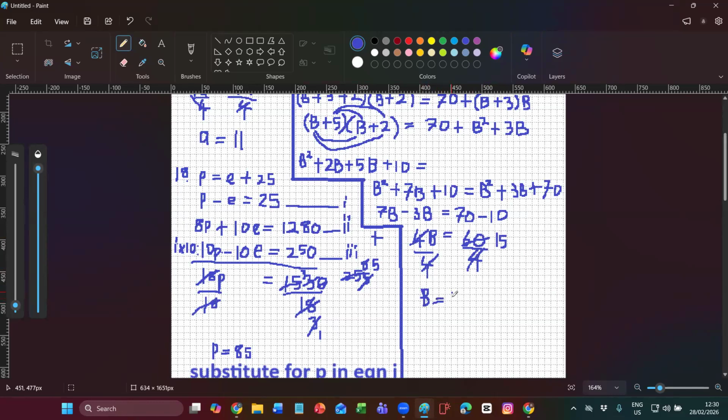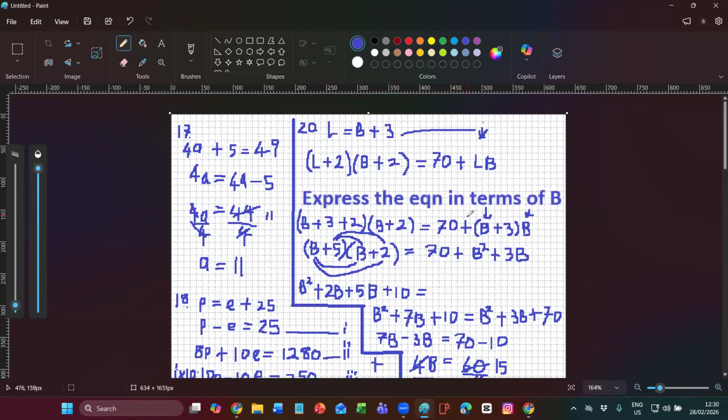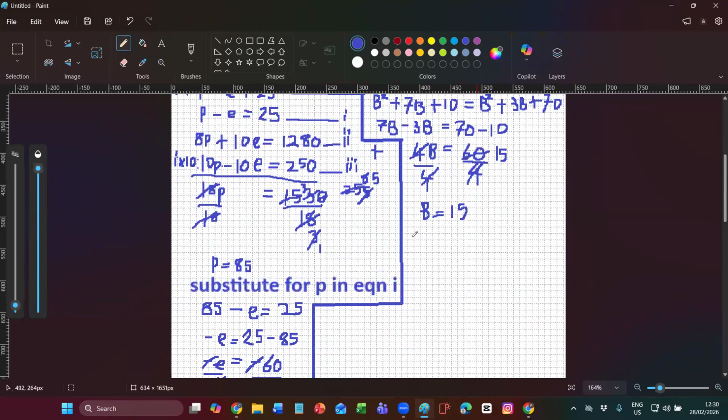Therefore, L from equation 1, I didn't really label the equations, but we know equation 1, L will be equal to 15 plus 3, which is what? 18.